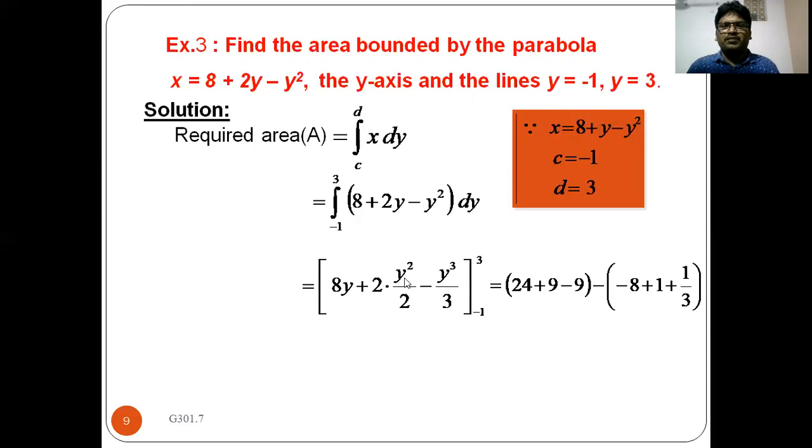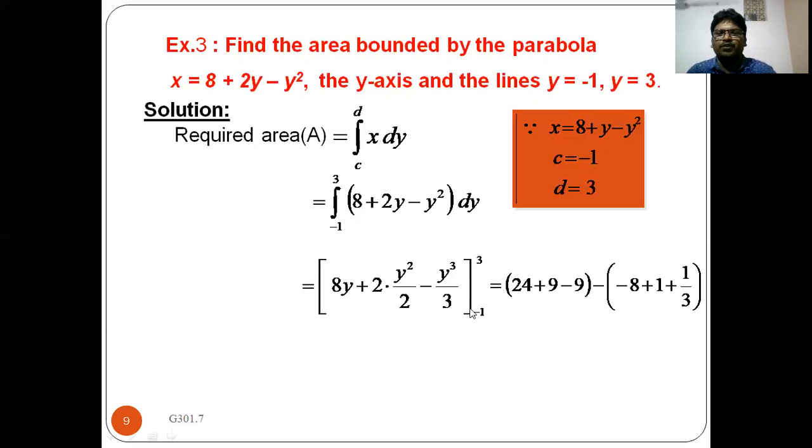Then substitute 3 in the next term: 3 square is 9, 9 twos are 18, and 18 by 2 is 9, so you will get 9 here. In the other term substitute 3: 3 cube is 27, and 27 by 3 is 9, so that's why we write 9 here. So the upper limit is completed.